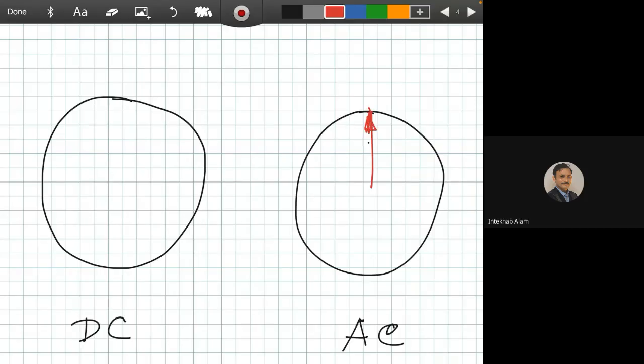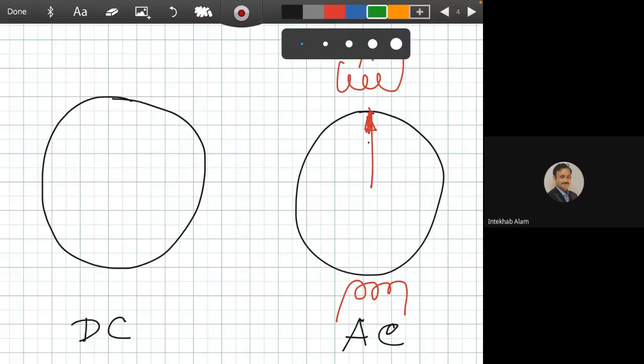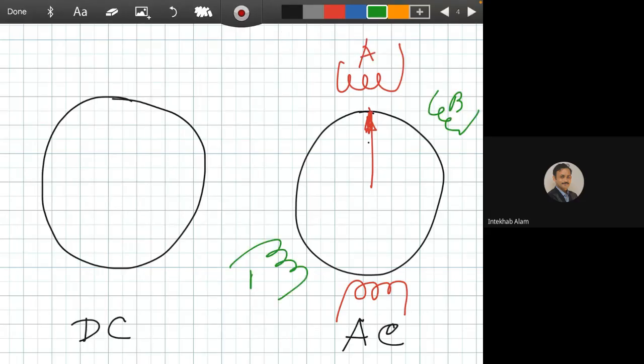In an AC motor, we have multiple phases. If you think of three phases, we have phase A, then phase B, then phase C. We can use more.